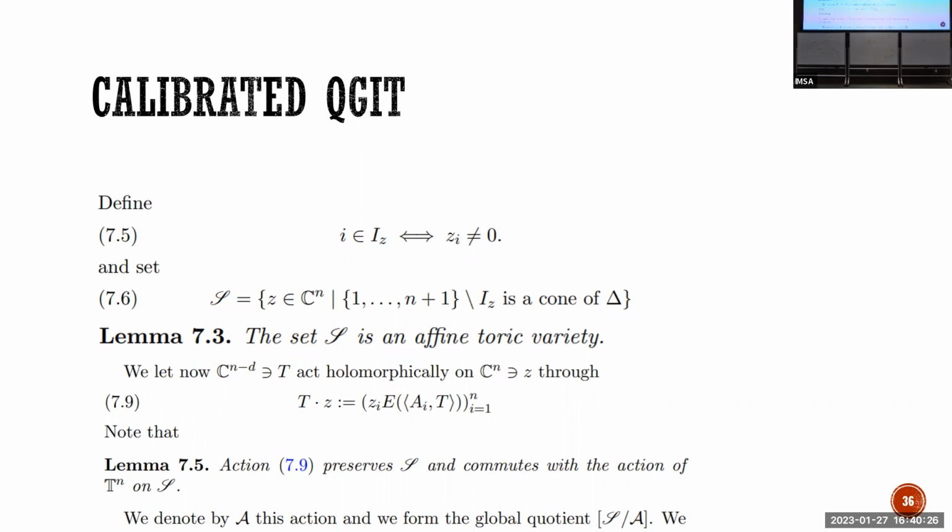The combinatorics works well with the action. The dynamics of the action is compatible with the combinatorics of this open set of stable points. It's a dynamical system, just a description of a dynamical system.